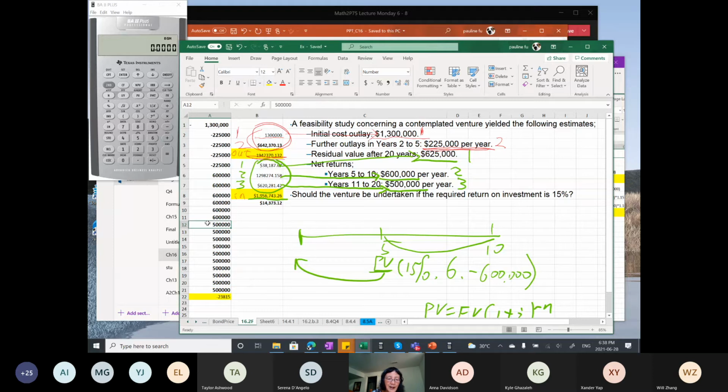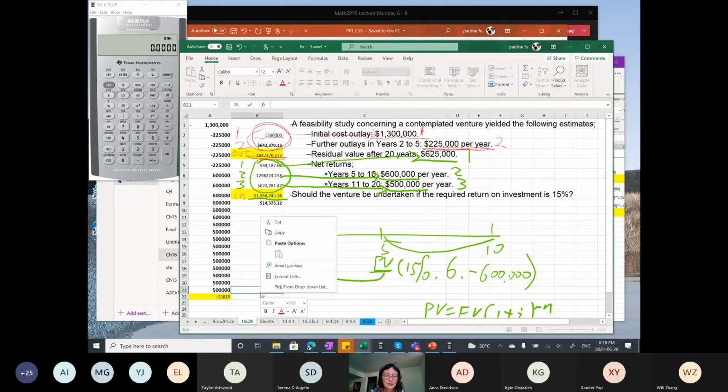So this 500 happened 10 times. However, there is a residue. Residue in the last year is 625,000. This is the residue.